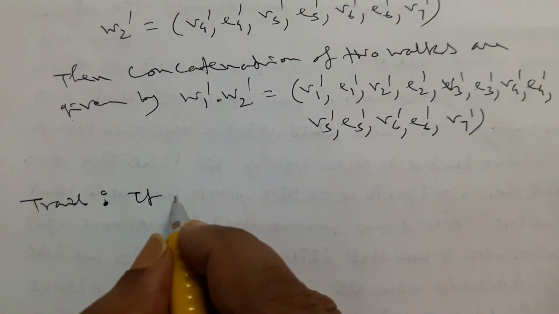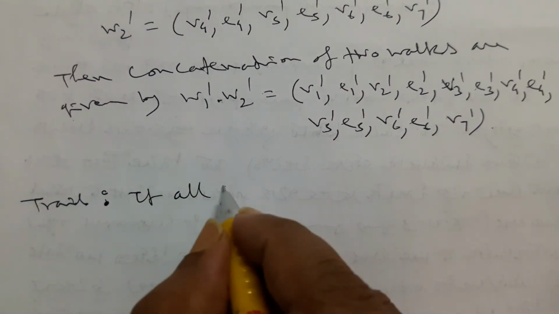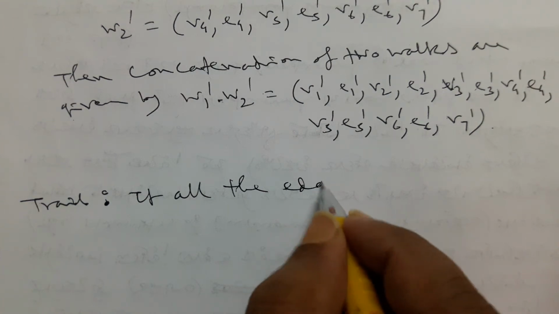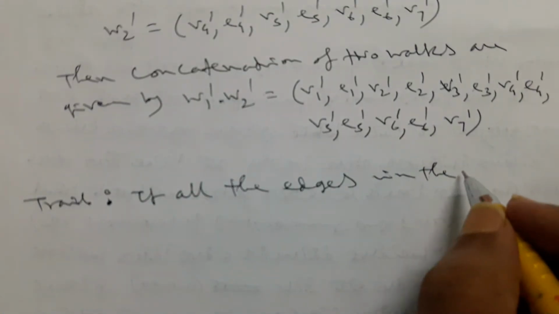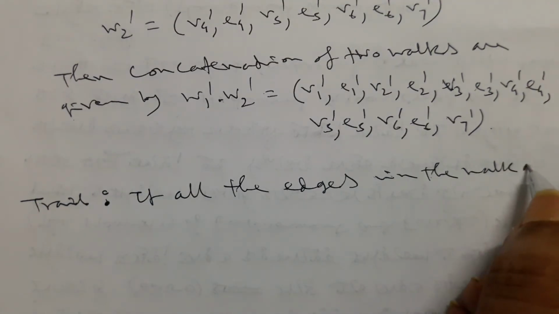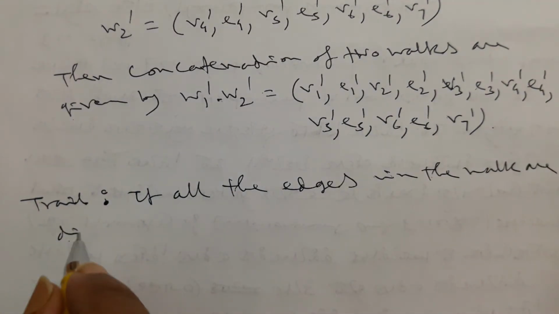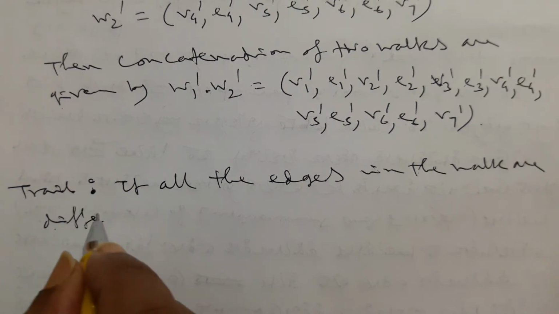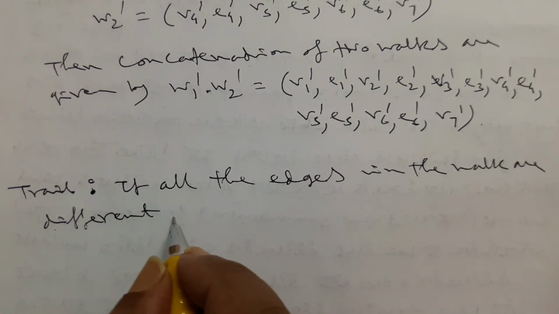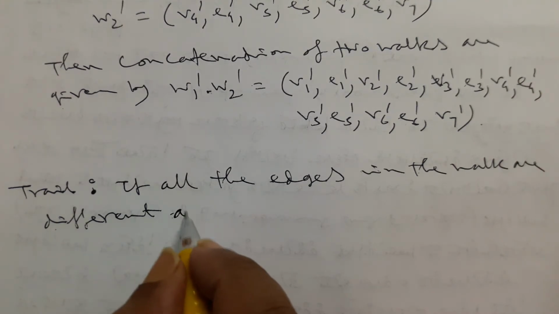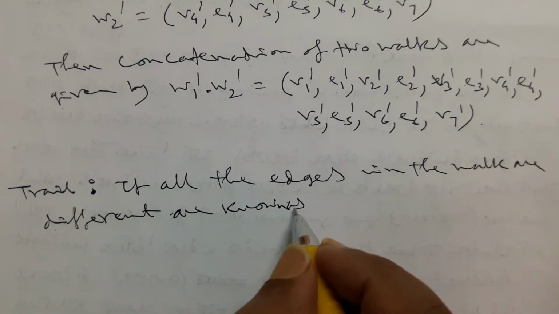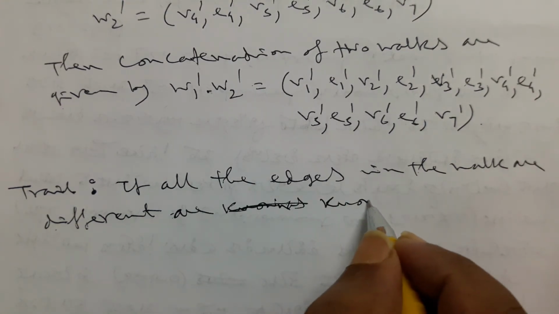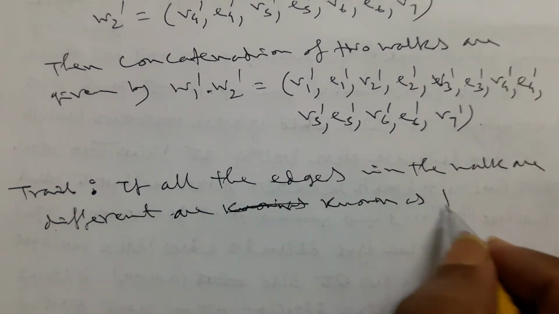If all the edges in the walk are different, it is known as a trail.